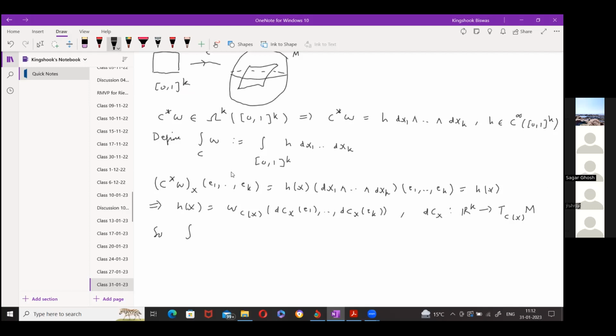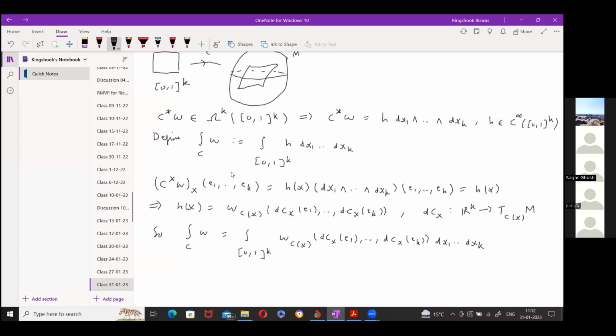So the integral of omega over c is equal to the integral over [0,1] to the k of omega at c of x, applied to dcx E1 up to dcx Ek, dx1 dxk.